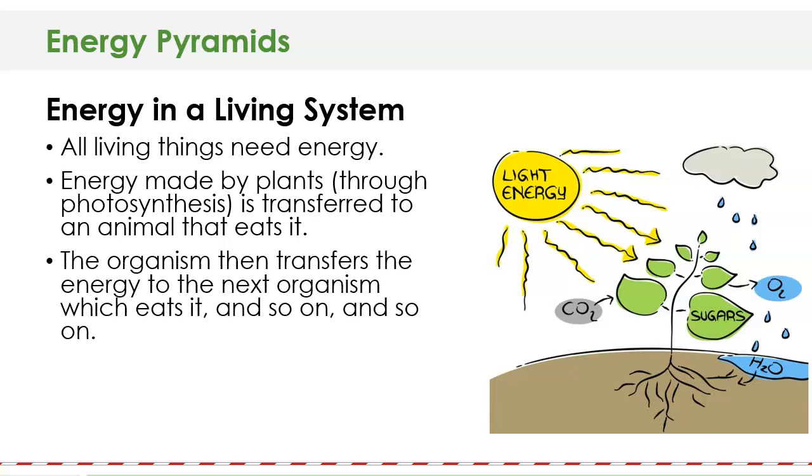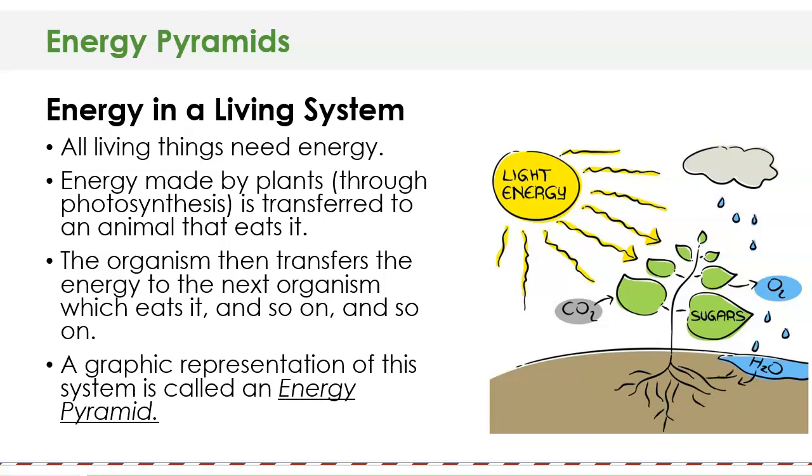The animal gets that energy when it eats the plant or eats something that has eaten the plant, because the organism then transfers the energy to the next organism which eats it, and it is a continual process, so it goes on and on and on. We have talked about the fact that food chains, however, cannot go on and on forever, because eventually the amount of energy that's being passed on is so small.